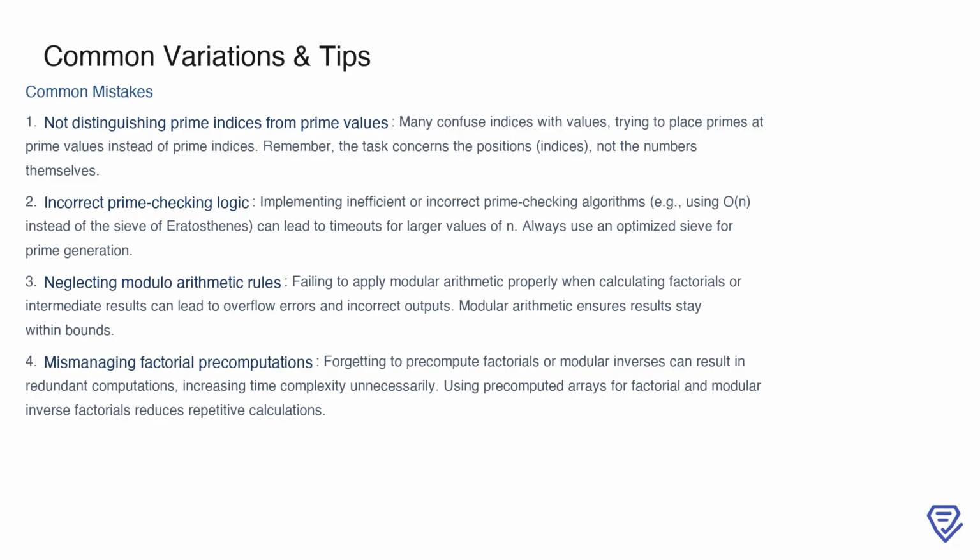Additionally, modular arithmetic is essential when dealing with large numbers, especially during factorial calculations. Failing to apply modular arithmetic properly can cause overflow errors or incorrect results. Finally, a lack of pre-computations for factorials and modular inverses can significantly increase runtime. By pre-computing these values, you avoid redundant calculations and improve efficiency.